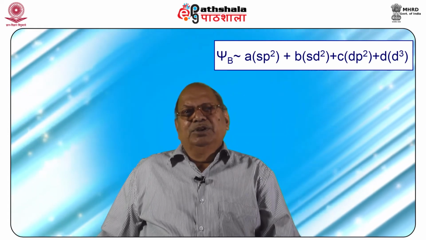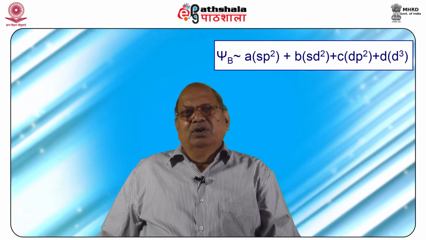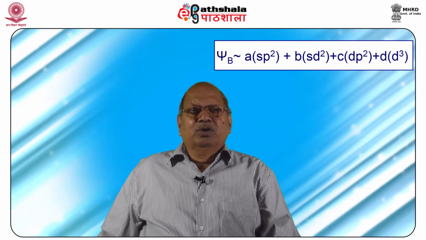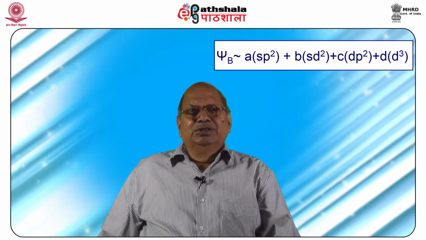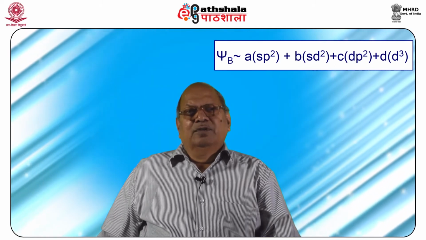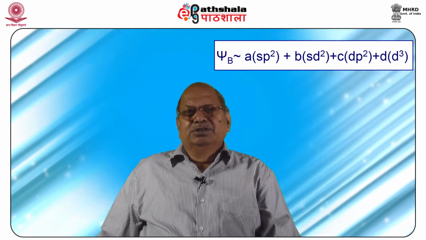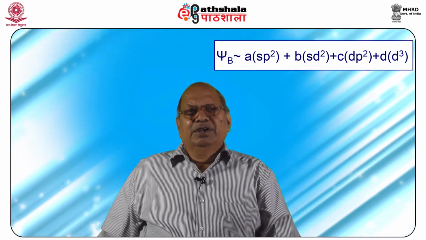So in BF3, the hybrid orbitals at boron are sp2 in nature, that is, 33.3% s character and 66.6% p character.